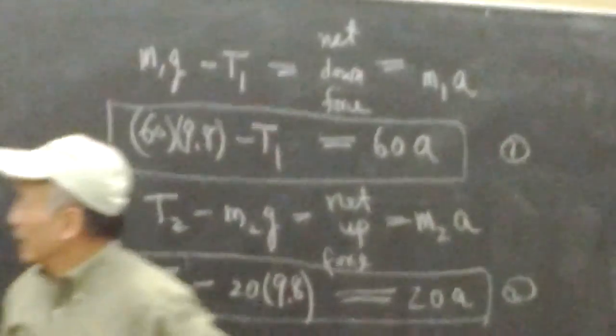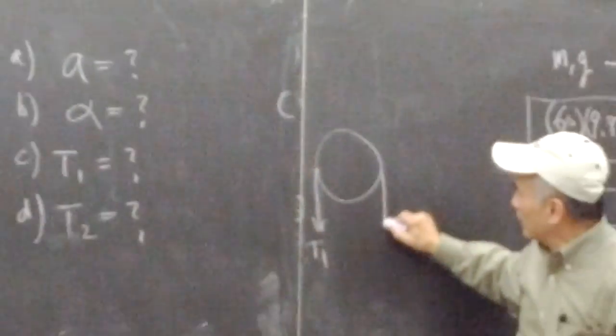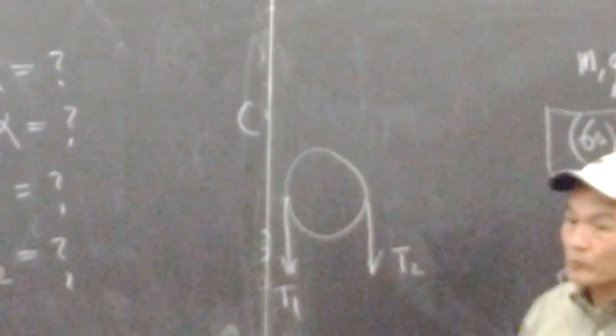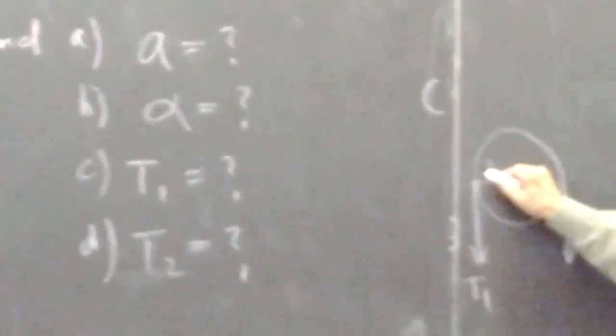C here experiences T1 and T2. The same radius. We take the axis of rotation, which is the symmetry axis, to where the force acts.